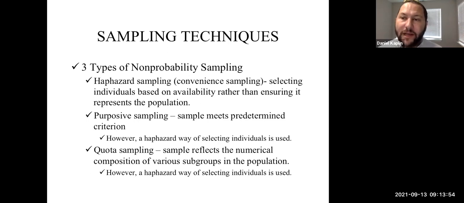So we're still trying to match the relative numerical composition of the subgroups with the population in our sample. However, the probability of being selected is an unknown with quota sampling. And that is the difference between stratified random sampling and quota sampling. So quota sampling uses a haphazard way, and haphazard, again, is just based on volunteer and not knowing the likelihood of being selected.